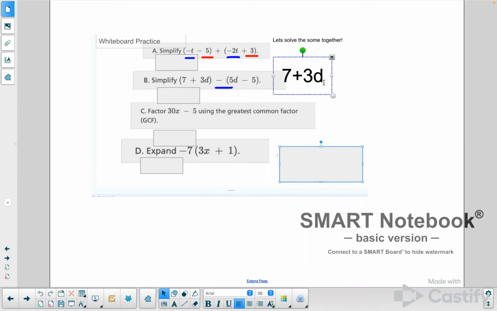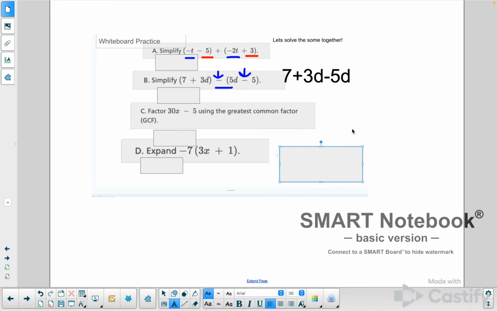If I take a minus and multiply that by positive, I get a minus. So it's minus 5d. And then I have a minus and another minus here to get a plus 5. Now that I've distributed my numbers, I can go ahead and simplify a little bit further.